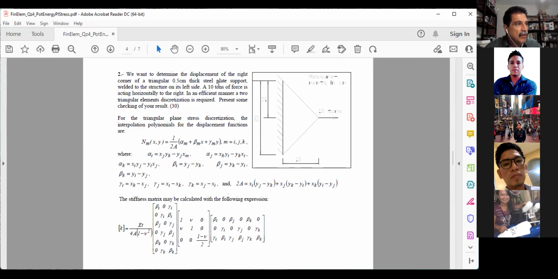To do that, in an efficient manner, you have to use two triangular elements, the elements we have been using in chapter 3. Exactly. So remember, we always have to do some checking.